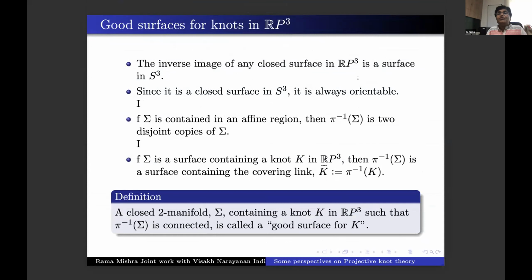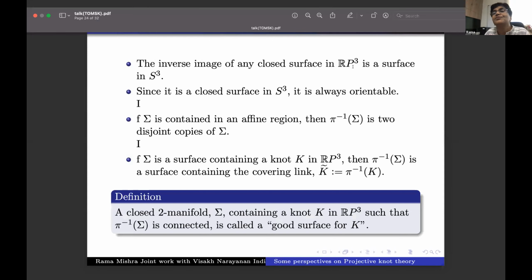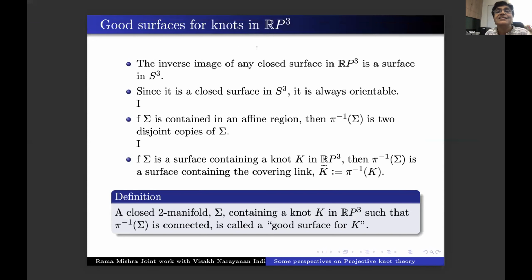Now we want to develop a concept similar to what we have in the classical knot setup, called genus. Genus there is very special, because genus helps us detect unknots. Only unknots have genus 0, and in classical knots you can have knots of arbitrarily large genus.